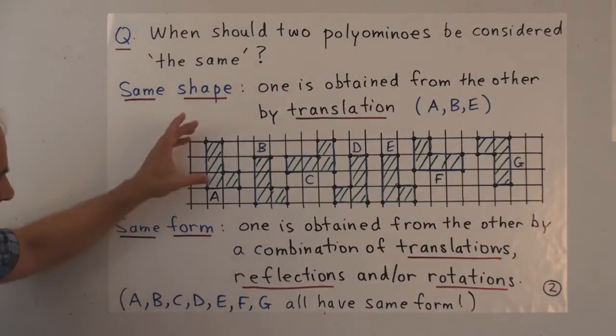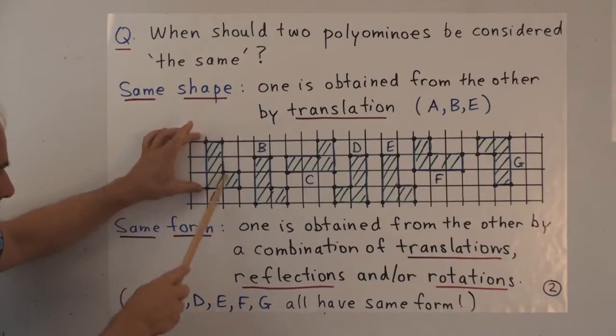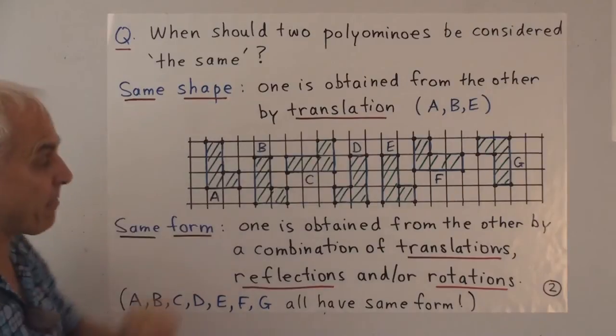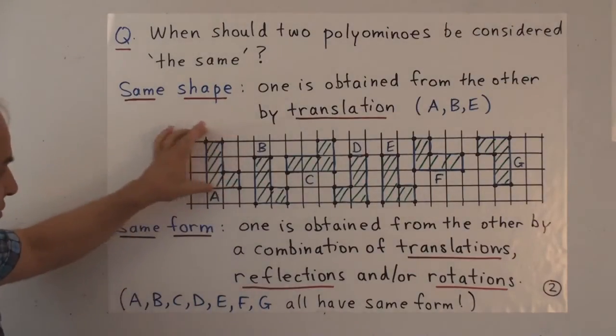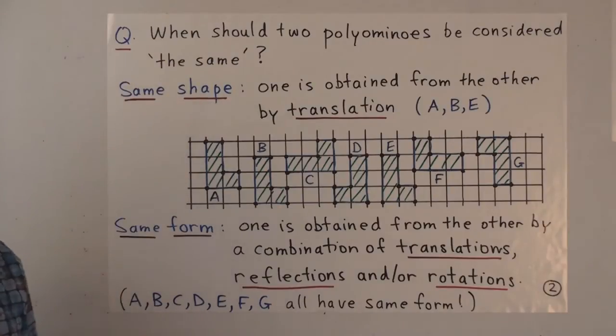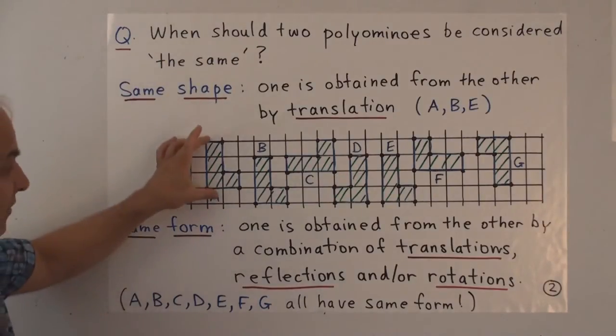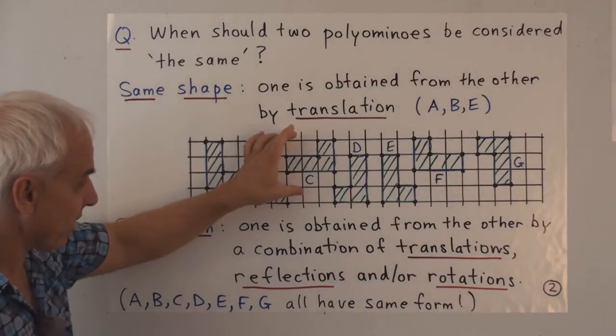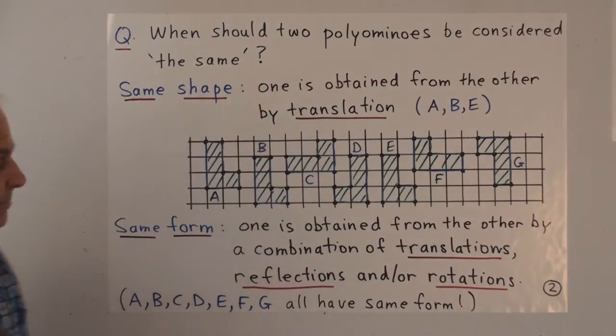So a translation is a movement that takes a polyomino, perhaps like this one here, and maybe moves it to the right a certain number of squares, or maybe moves it to the left, or maybe moves it up or down. Or perhaps it can move a combination of those directions, a certain amount to the right, a certain amount up.